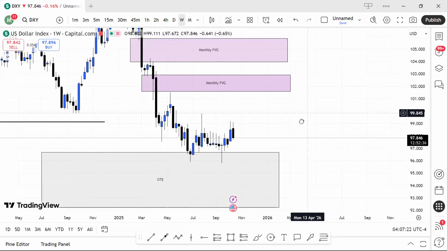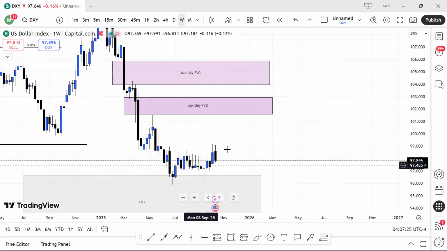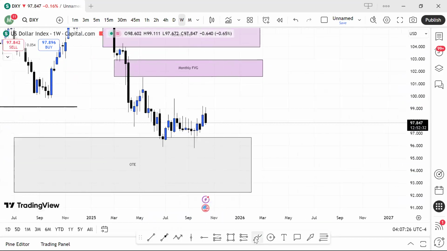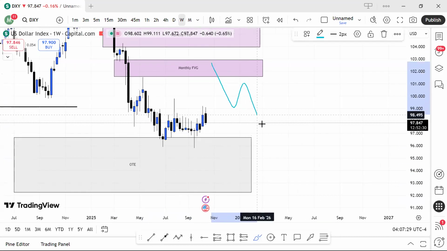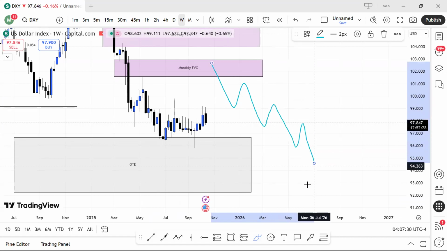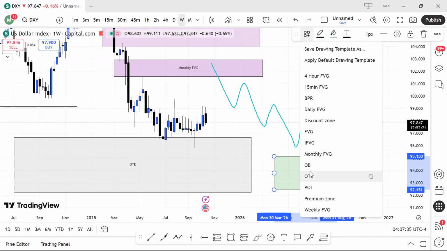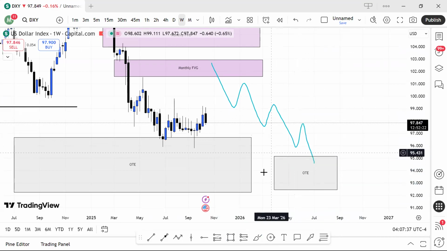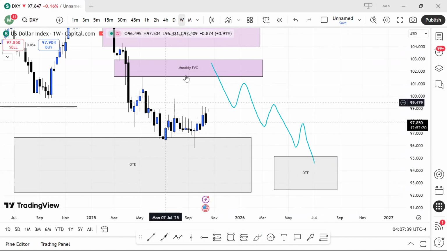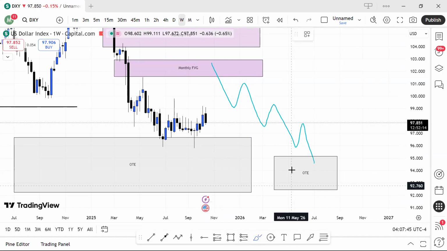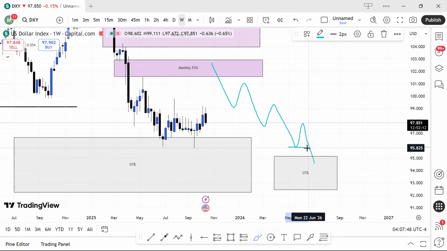If you go on the weekly time frame, then you can see that this was pulled back to the downside. Then it was a bearish trend, respecting this OTE buy zone here. And if this market is going to be bullish to target these monthly fair value gaps, then I might see it giving us the breaks of structure to the downside like this.